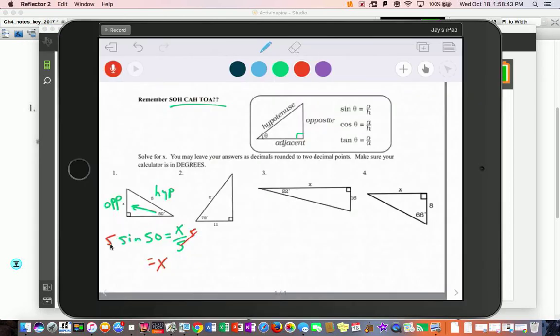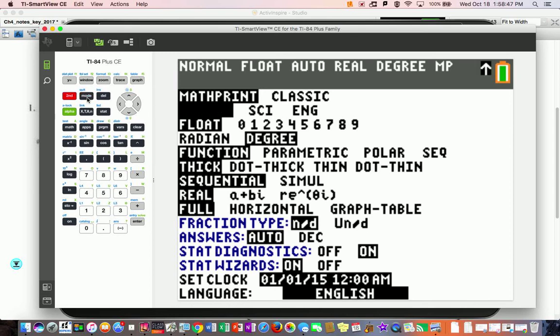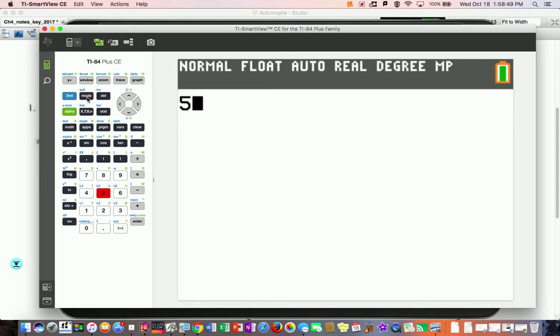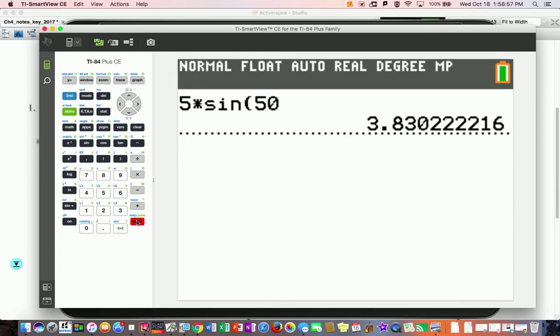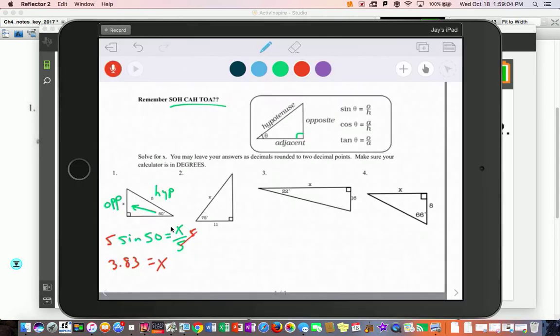So we're going to just type in 5 times the sine of 50. My calculator's in degrees, so it knows it's that, I'm getting 3.83. So x is equal to 3.83.